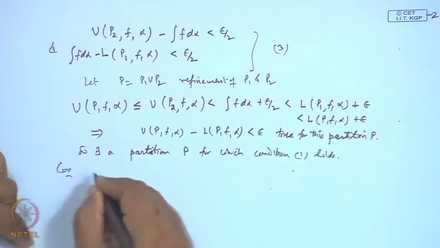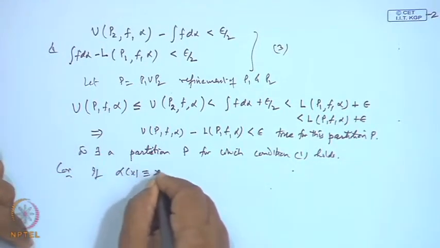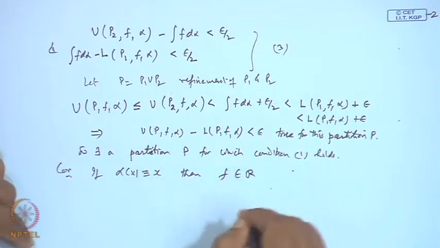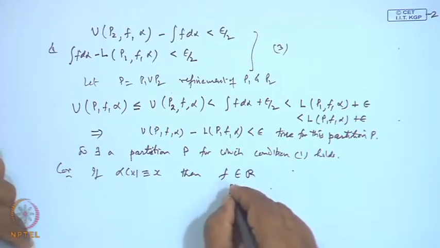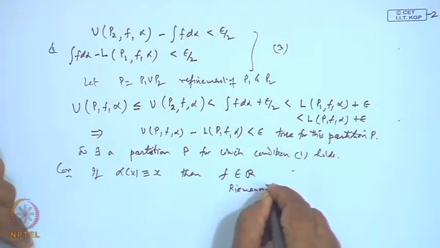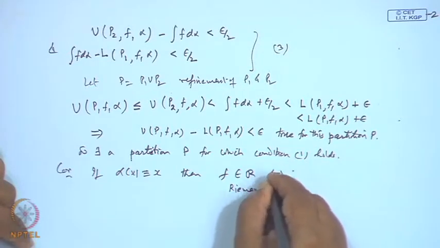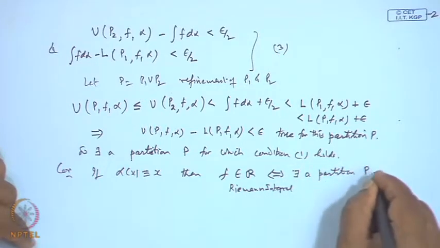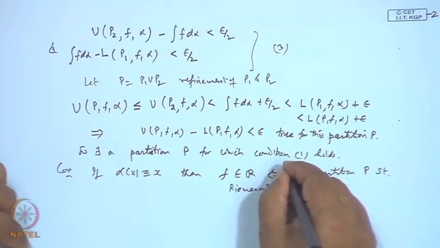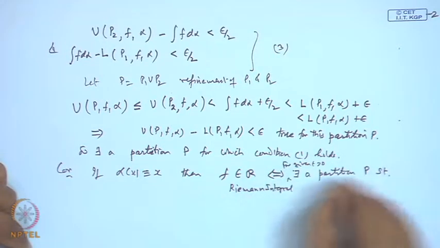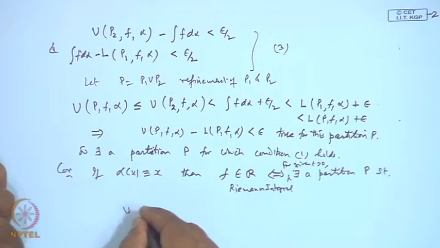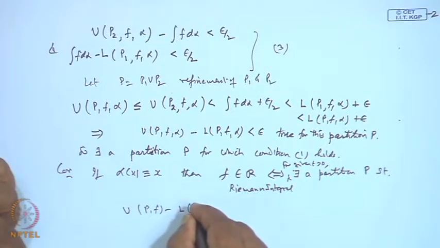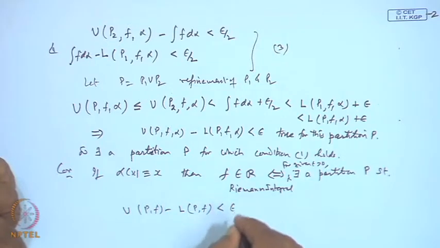If alpha of x is identically x, then f belongs to R, the Riemann integral, if and only if for given epsilon greater than 0, there exists a partition P such that the upper sum of the function f minus the lower sum of the function f with respect to partition P is less than epsilon.